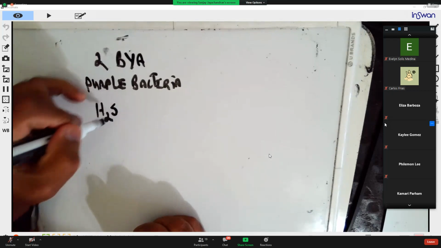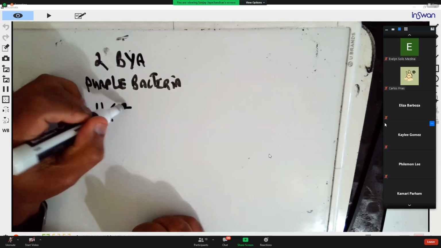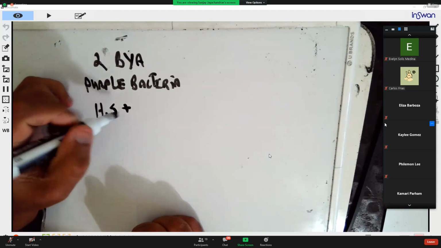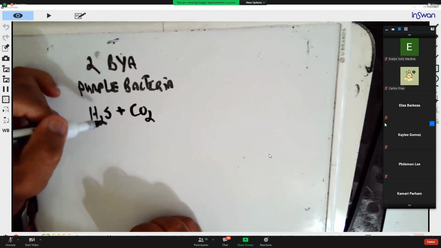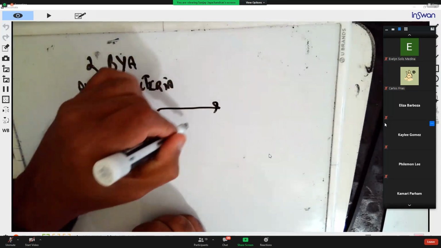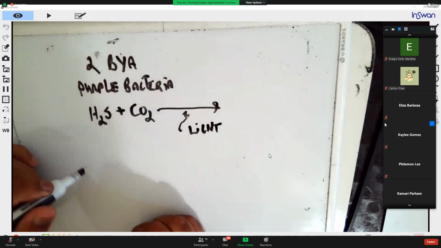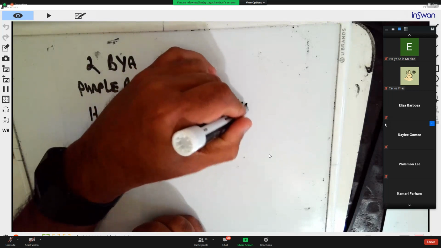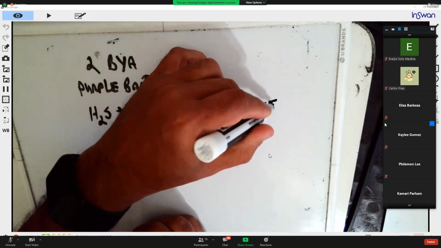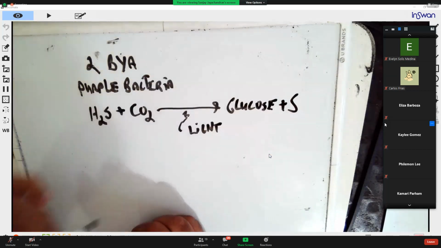Okay. So hydrogen sulfide gas, it's a poisonous gas, some CO2. They used some light energy. That's where the photo part comes in. They made glucose for themselves, and the waste product was sulfur.